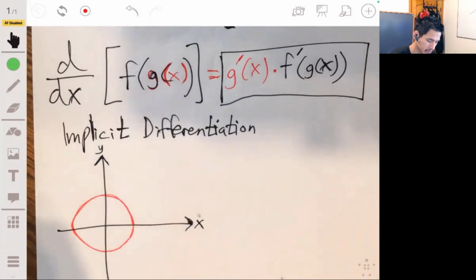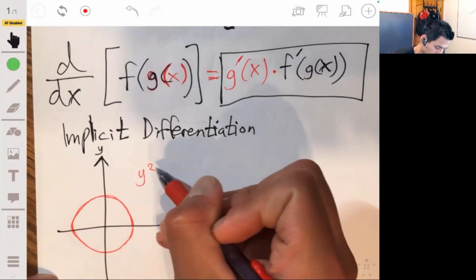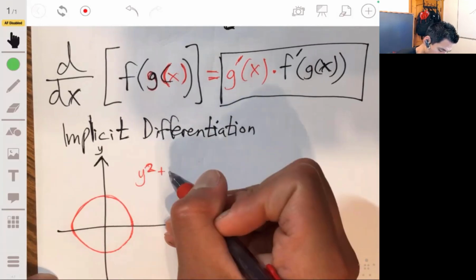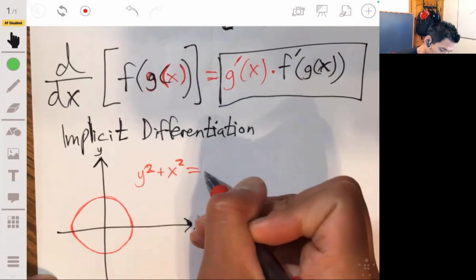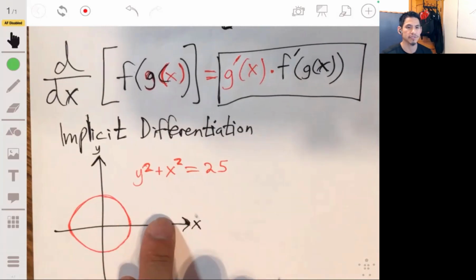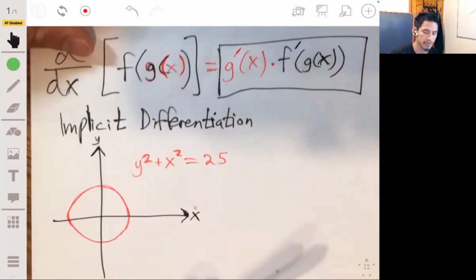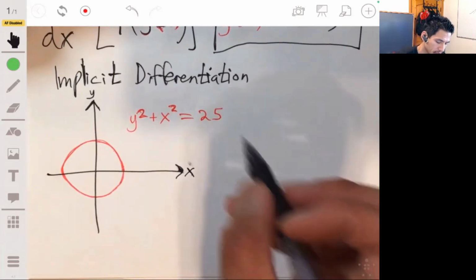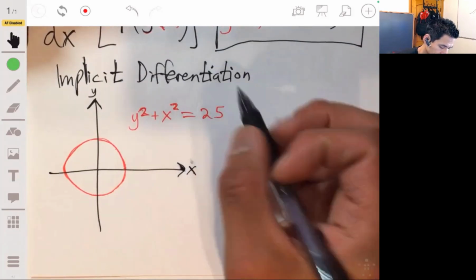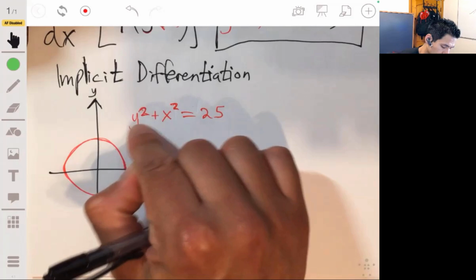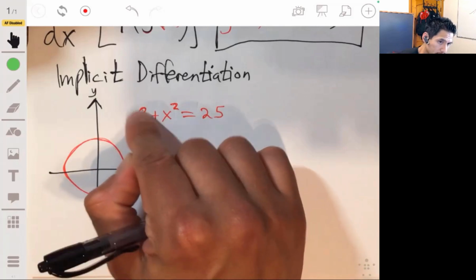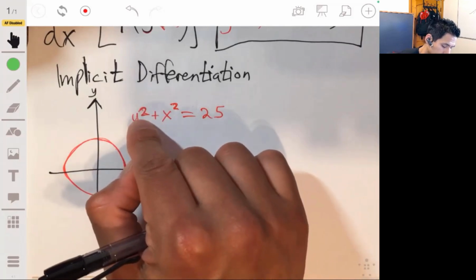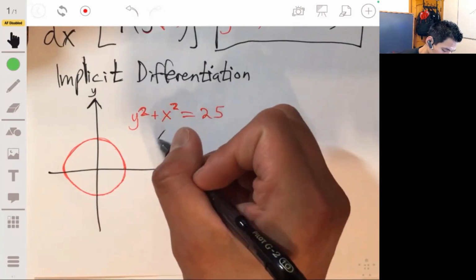Let's say you have y squared plus x squared is equal to 25. You can't strictly solve for y because you don't have a function. If you still want to take the derivative of this, you would use what's called implicit differentiation, which means that when you take the derivative of the y term, you multiply it by dy dx also.